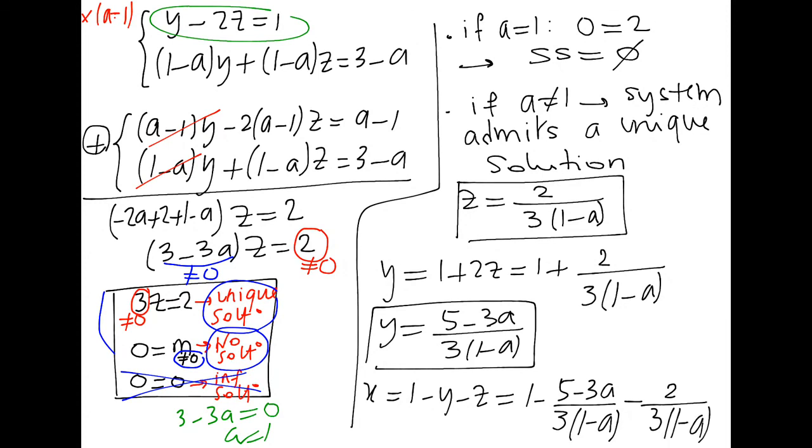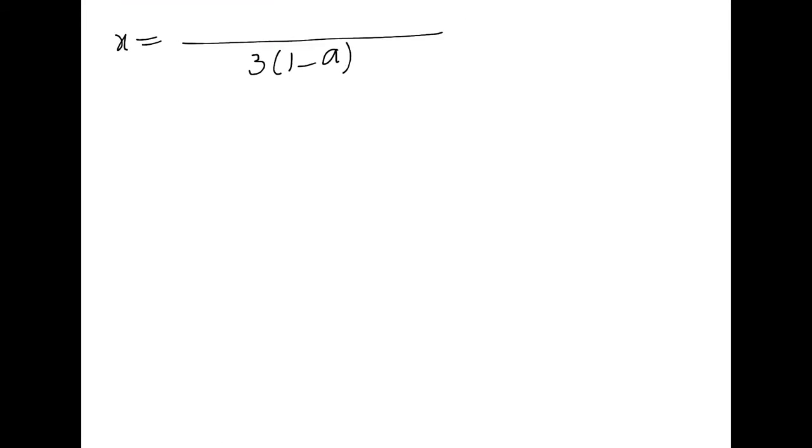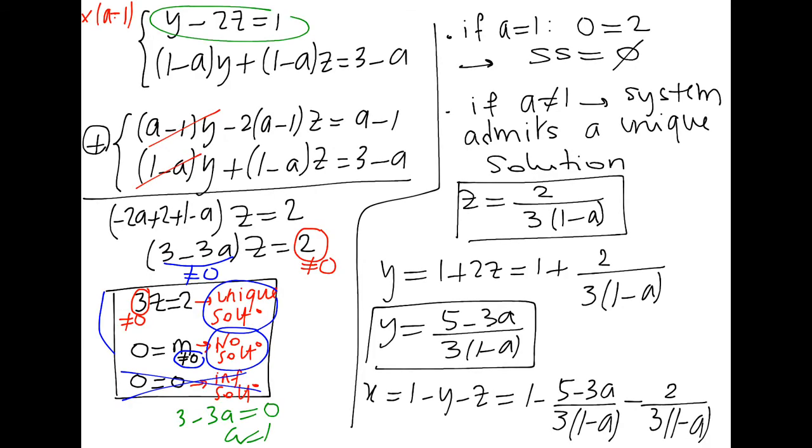So over here, I reduce to the same denominator. So x would basically be some fraction with 3 into 1 minus a at the denominator. The first term being 1, so I multiply it by the denominator.